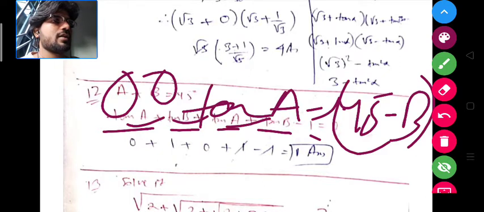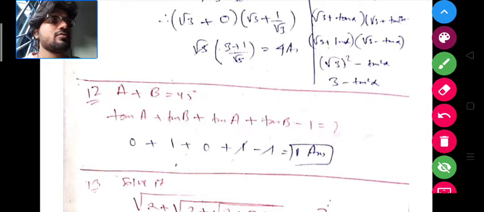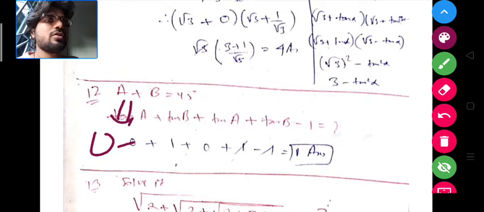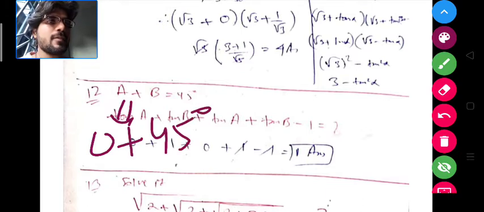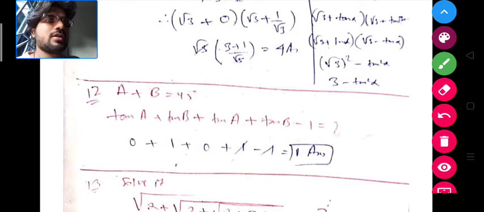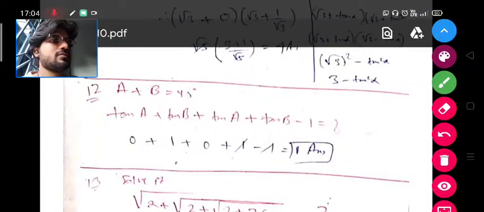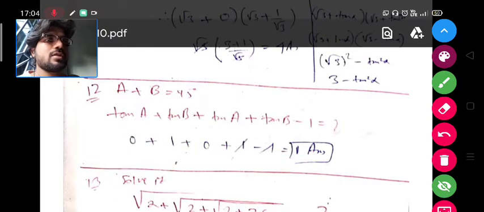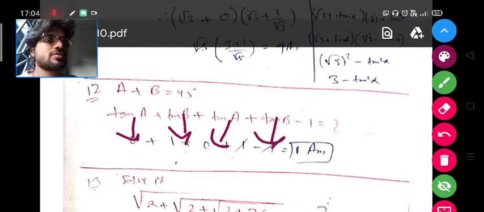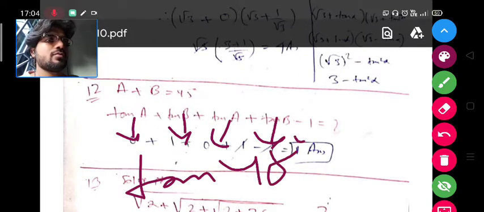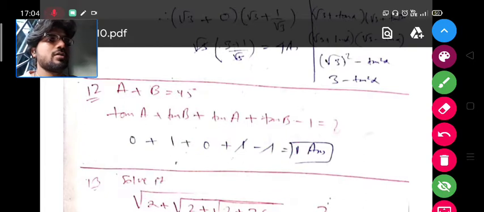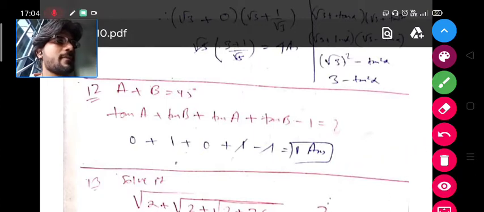Or you can simply put a is equal to 0 degree and b is equal to 45 degree, and put these values in the question. If a is 0 degree, then tan a is 0, tan b is 1, because tan 45 degree is equal to 1. So 0 plus 1 plus 0 plus 1 minus 1, the answer is 1. Okay, next question.